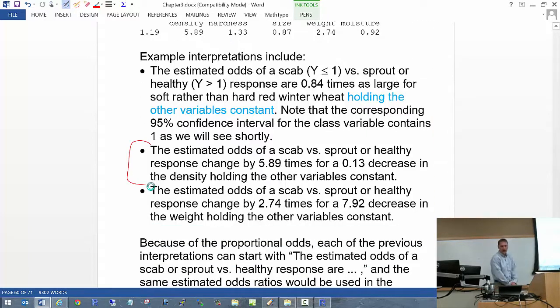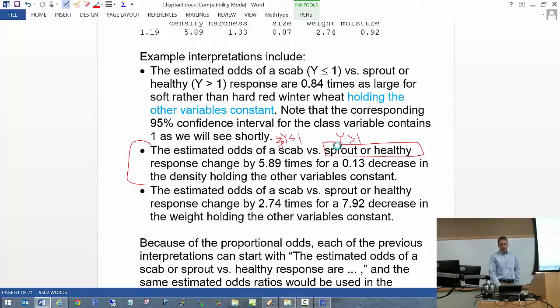And I can say the estimated odds of a scab versus sprout or healthy, so again, this would be for y less than or equal to 1, and then y greater than 1, the estimated odds of a scab versus sprout or healthy response changed by 5.89 times for a 0.13 decrease, since I inverted the odds ratio, in the density, holding the other variables constant.